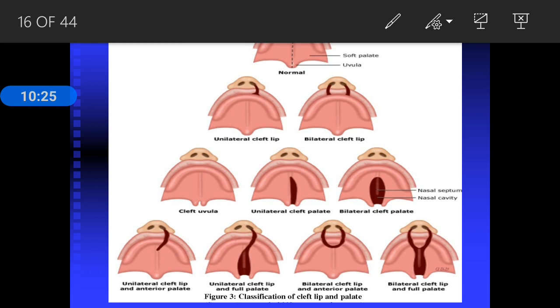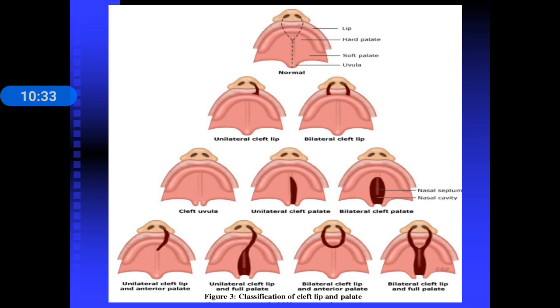So it's a complete one on the left side as well as a complete clefting of the right palate as well. So this is a bilateral cleft of the lip, cleft of the alveolus, and the cleft of the anterior palate. And this is a bilateral cleft of the lip, alveolus, anterior palate, I mean the entire palate.